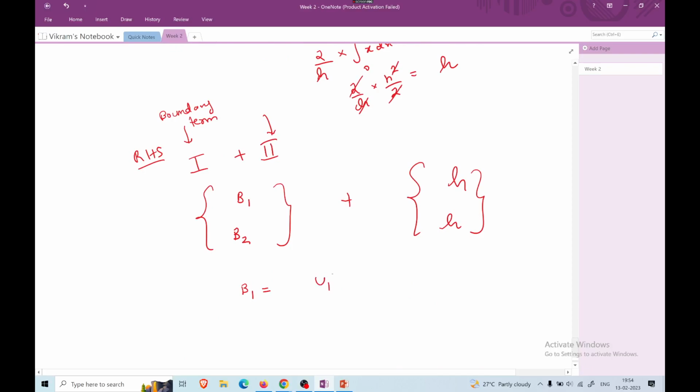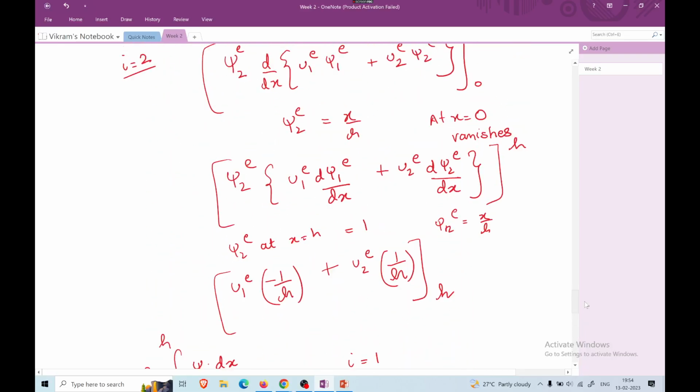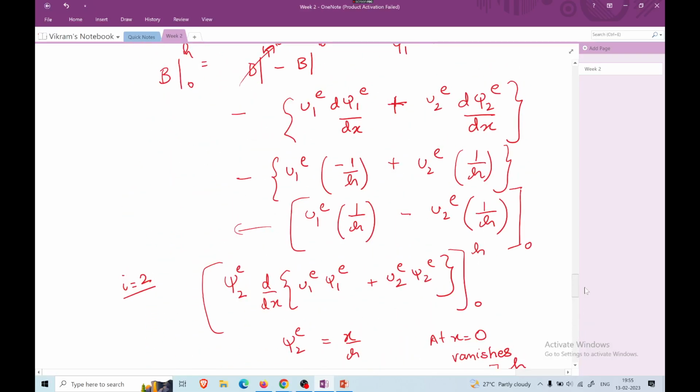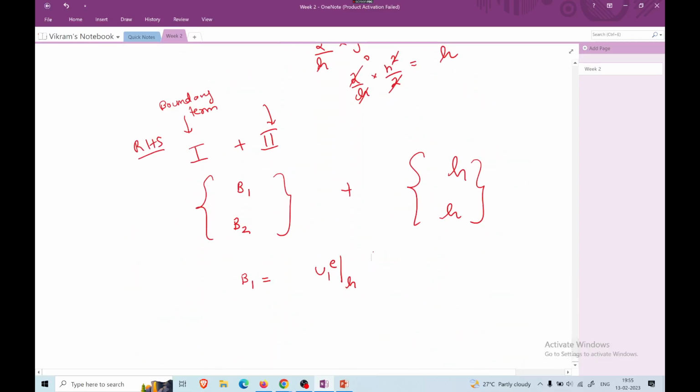So u1e at h into minus 1 by h. Okay, for this, sorry, I have to take at 0: u1e at 0 into 1 by h plus u2e at 0, this is minus 1 by h.